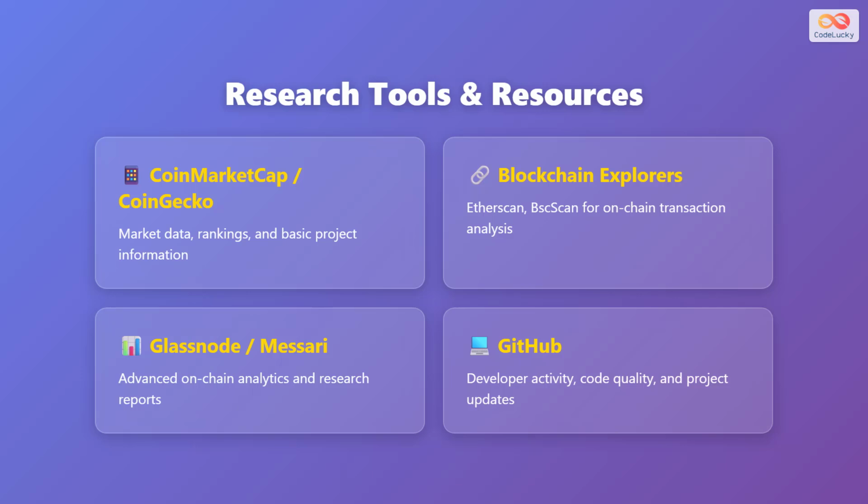For advanced analytics, platforms like Glassnode and Messari offer in-depth on-chain data and professional research reports. Finally, GitHub is essential for checking developer activity, examining code quality, and tracking project updates. These tools combined give you a complete picture of any cryptocurrency project.